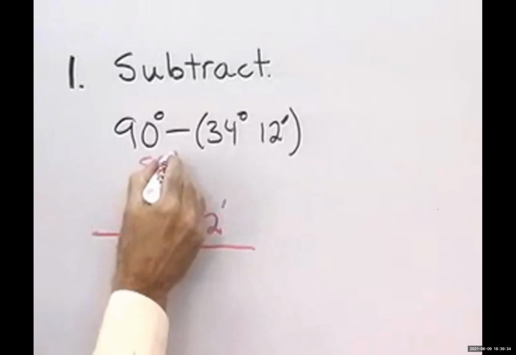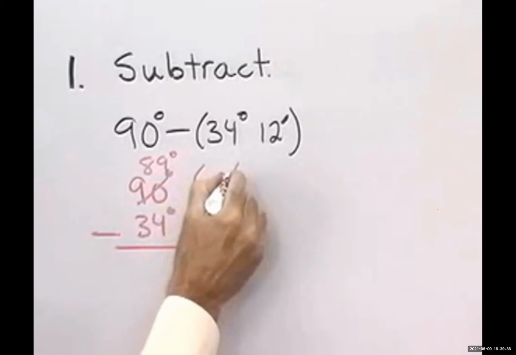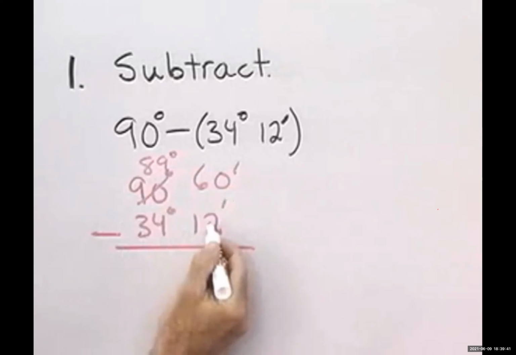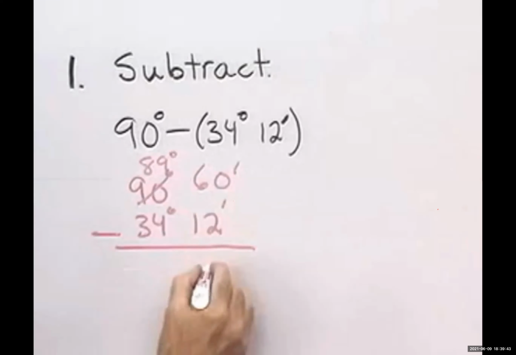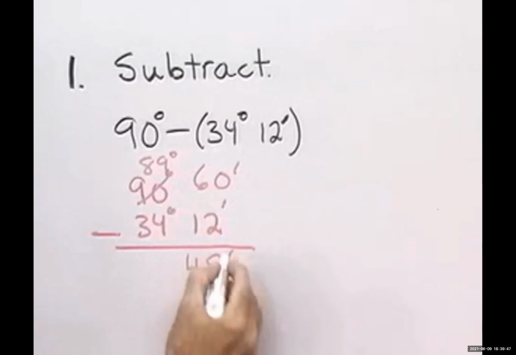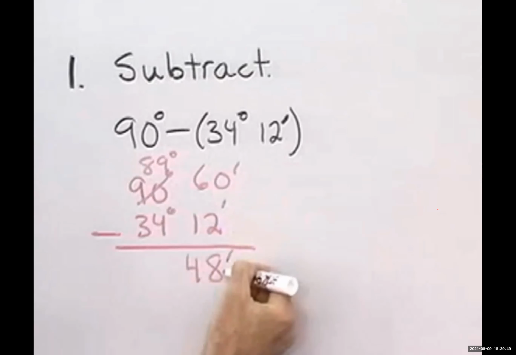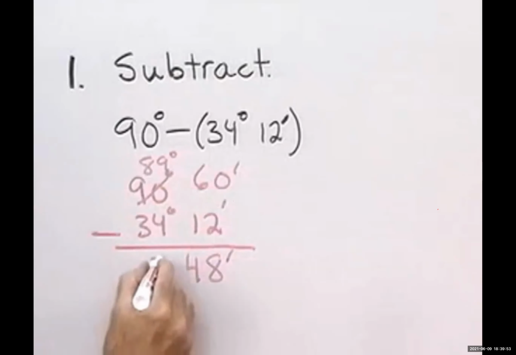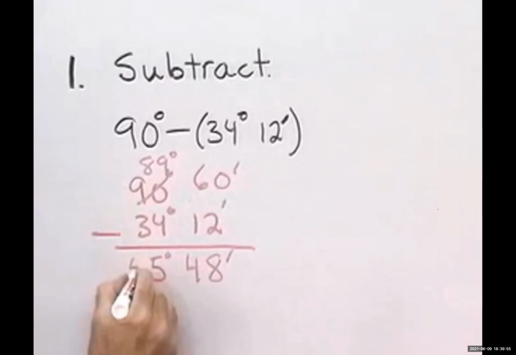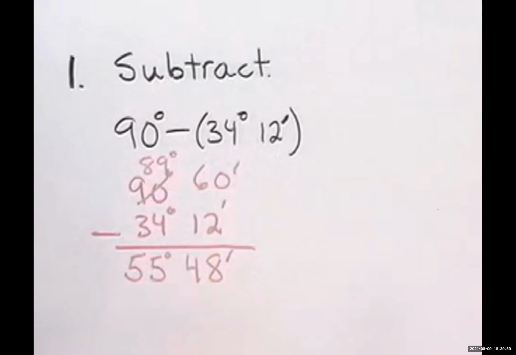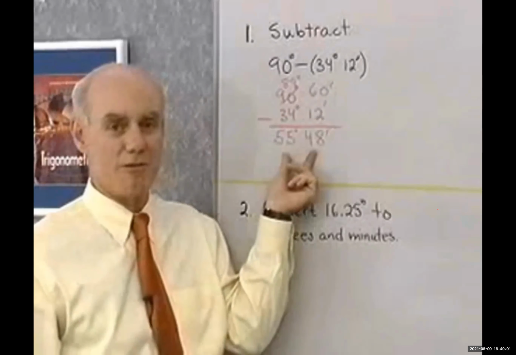So this would be 89 degrees, and I'll write my 1 degree as 60 minutes because there's 60 minutes in every 1 degree. Now I can subtract 2 from 10 will be 8, 1 from 5 will be 4, so I have 48 minutes. That's 60 subtract 12 is 48, and then 4 from 9 is 5, and then 3 from 8 is 5. So 90 degrees subtract 34 degrees 12 minutes turns out to be 55 degrees 48 minutes.